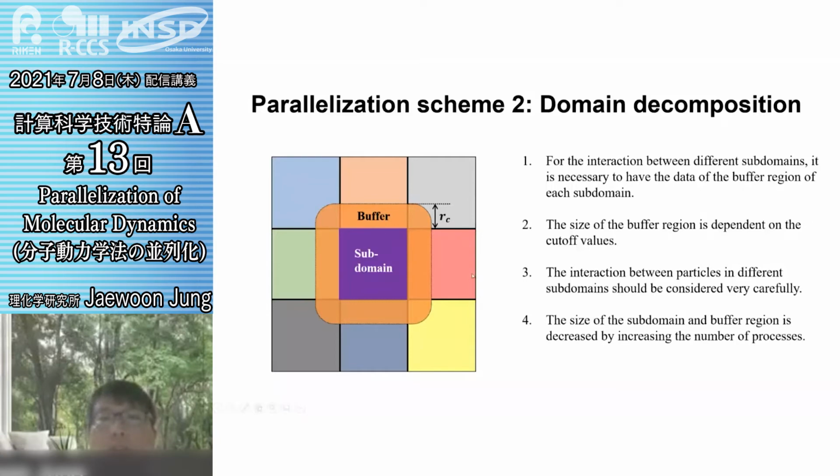And in this domain decomposition scheme, the interaction between particles in different subdomains, like between here and here, or here and here, should be carefully dealt with. If not, we can easily have errors in energy or force calculation.